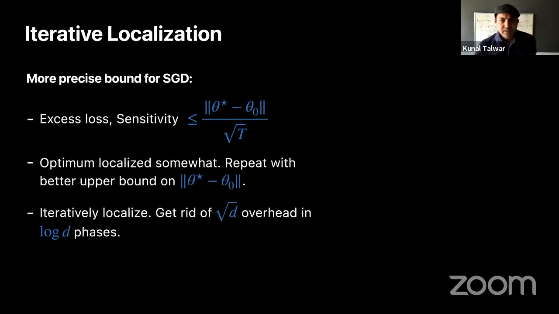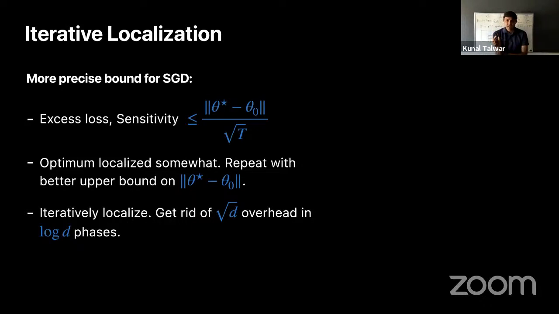What that means is if I run SGD over t steps, where t is a large constant times the dimension, then I have localized the optimum a little bit. I've gotten to a point which is not quite theta star, but is pretty close to theta star.